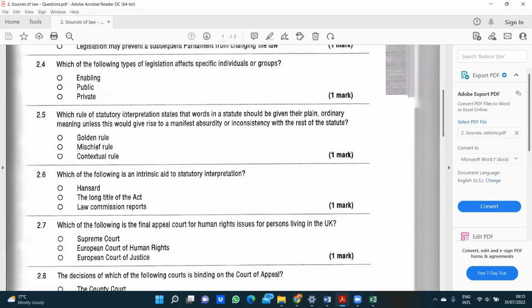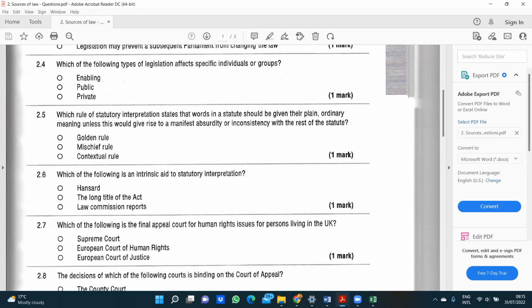Which rule of statutory interpretation says that words of a statute should be given their plain ordinary meaning unless they give a manifest absurdity or inconsistency with the rest of the statute? Golden rule, mischief rule, or contextual rule? So what do you think is the answer, A, B, or C? Right, that's good, the golden rule.